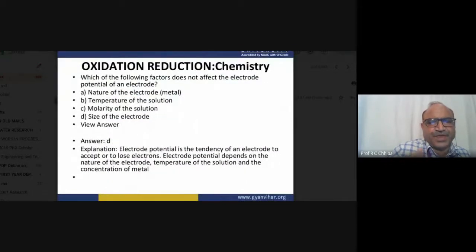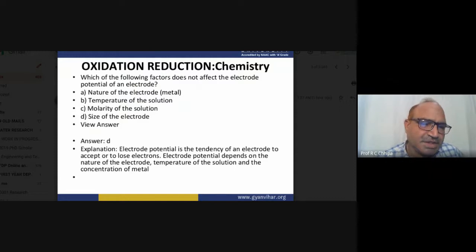Now you can see another question, and that question is related to electrode potential. Which of the following factors does not affect the electrode potential? Here, what are the electrodes and electrode potential? If, suppose, we have Cu2+ converted into Cu0. So we have to see the factors affecting the electrode potential.